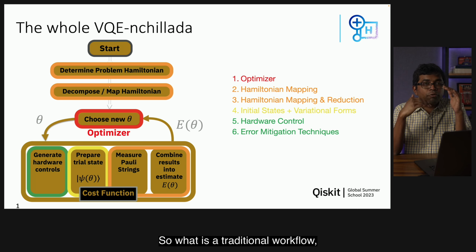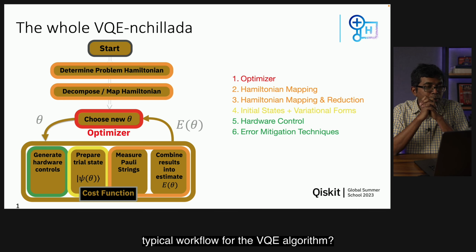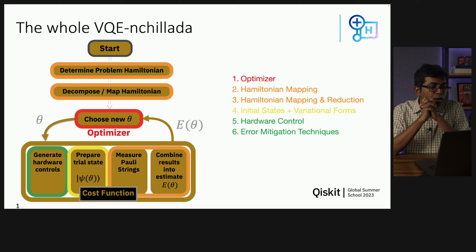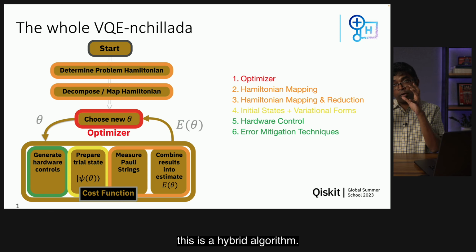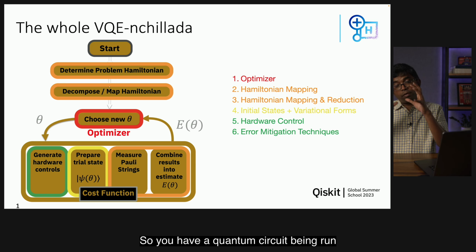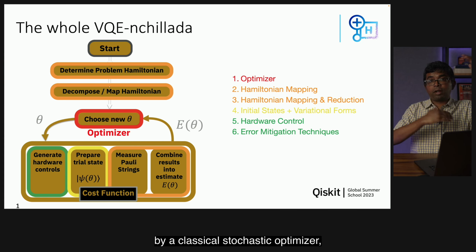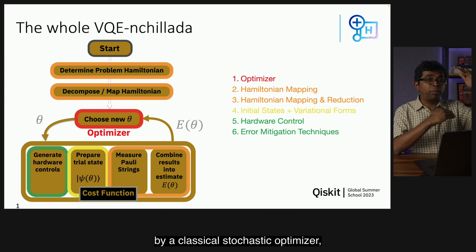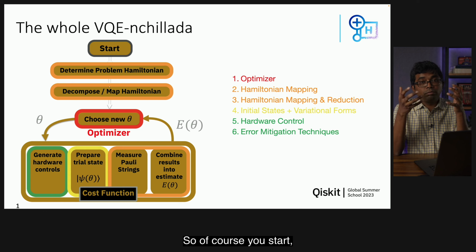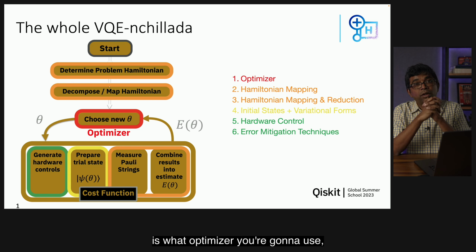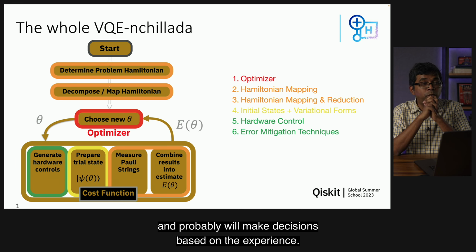So what is a typical workflow for the VQE algorithm? As I mentioned, this is a hybrid algorithm. You have a quantum circuit being run by a classical stochastic optimizer, which is an outer loop. One of the things you can start with is which optimizer you're going to use, and you will probably make decisions based on your experience.